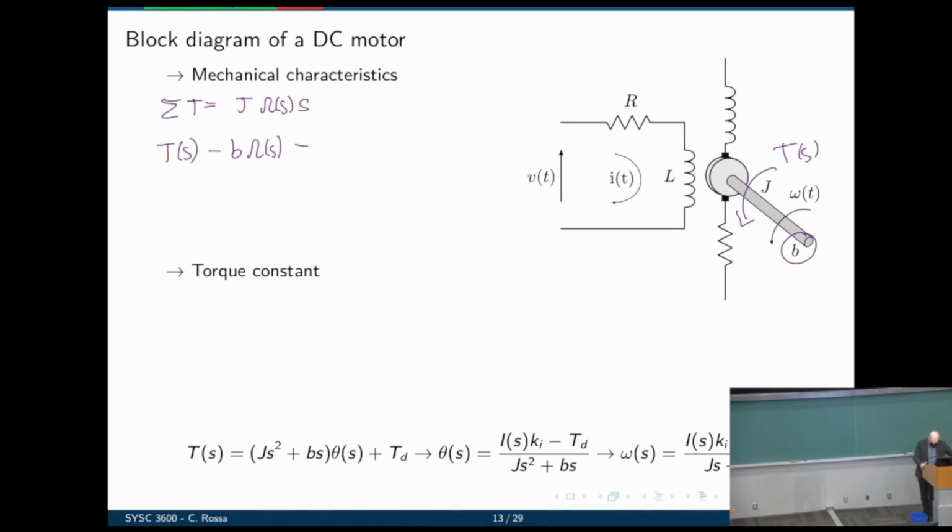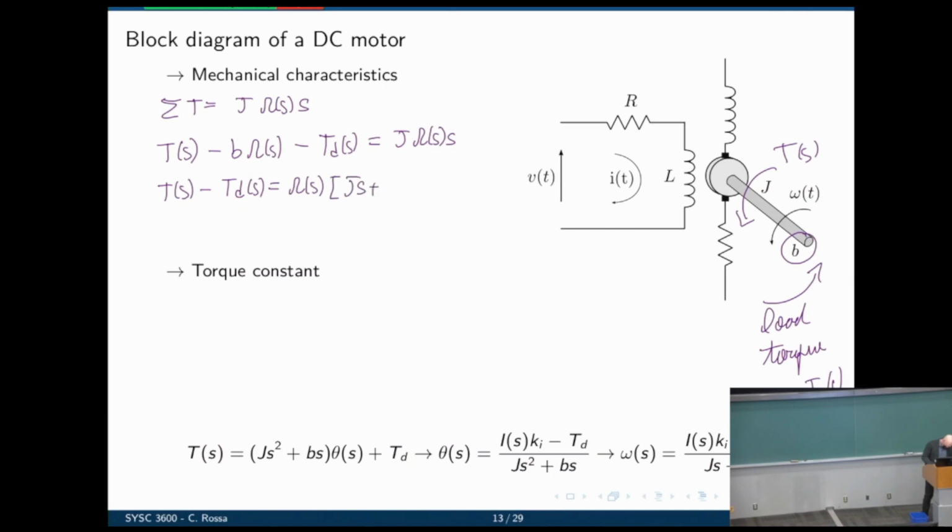And minus an external torque that we are driving. So let's assume that this external torque is a load. It's something external being applied to the motor that we are driving. Right? It's not part of the motor. So that's another component there. And this is equal to J omega s times s. We can now factor all terms with omega of s.